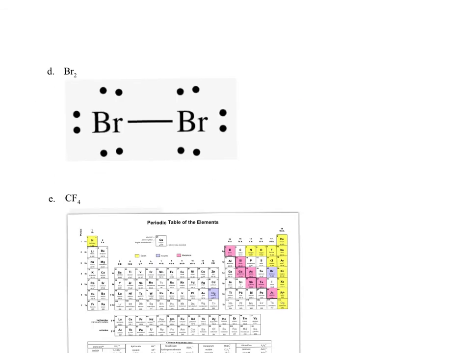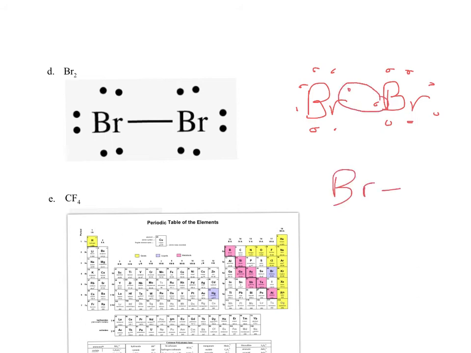The next compound is Br2, so you would write a Br and a Br and put your dots around it. They each have 7 valence electrons, and so they would share that pair, which then makes the line of the shared electrons, and then it'll have all of these lone pair electrons.